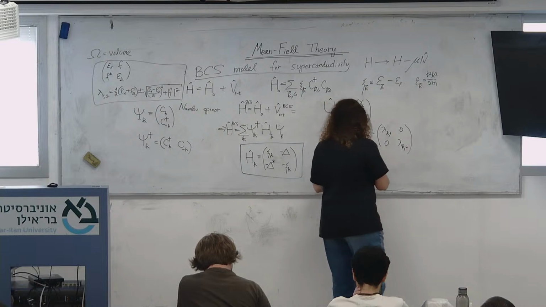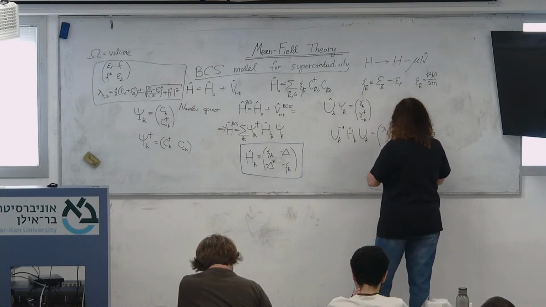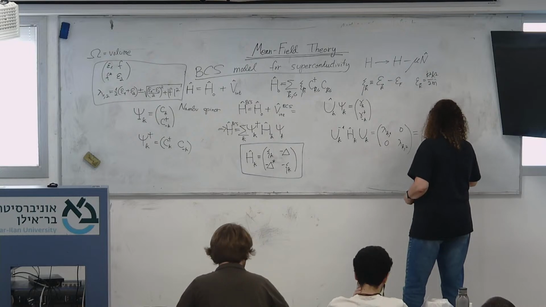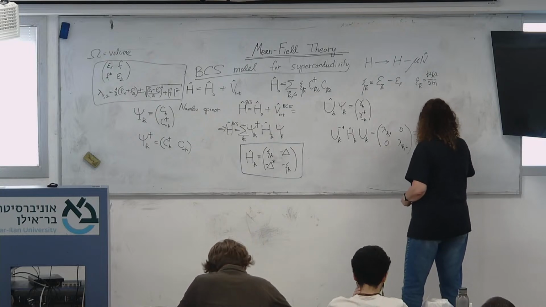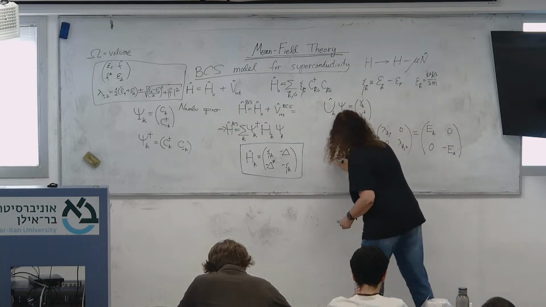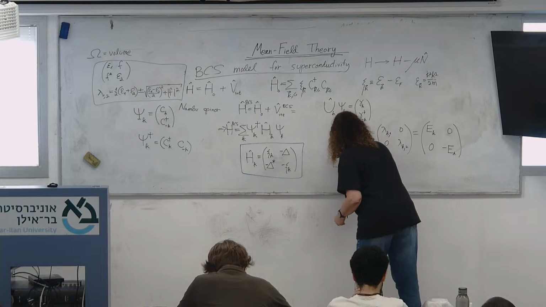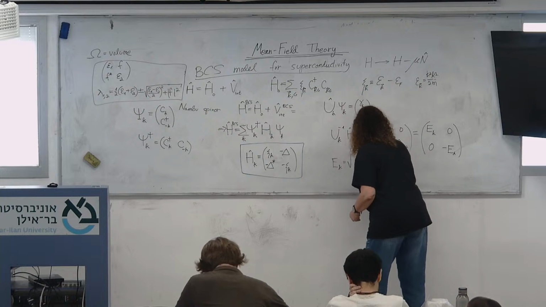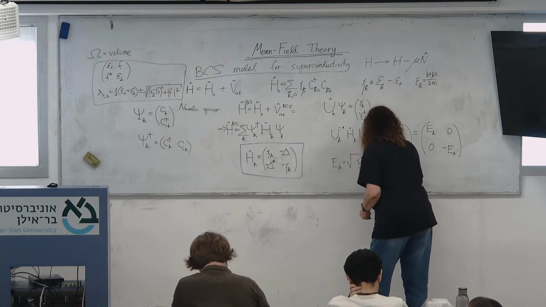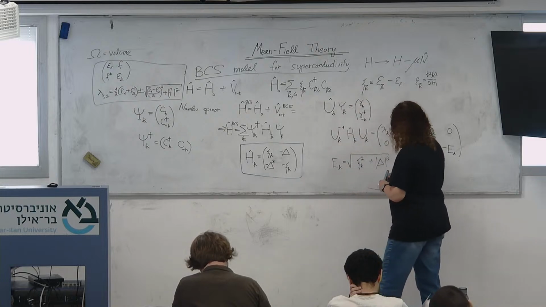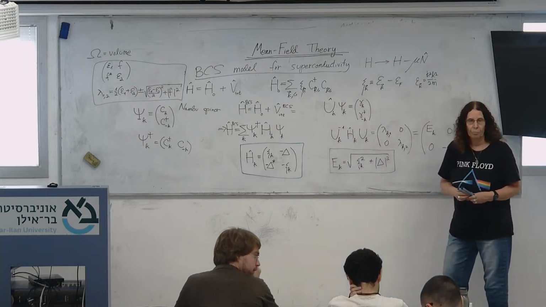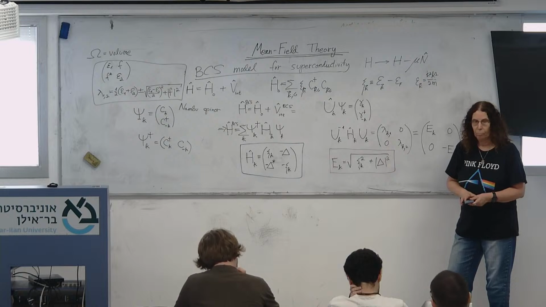So the result of this will be E_k and minus E_k, where E_k is the square root of psi squared plus delta squared.